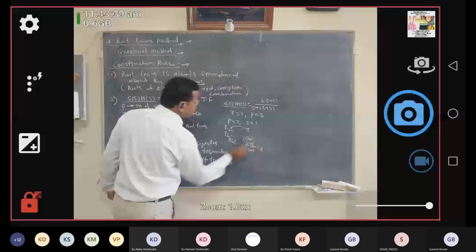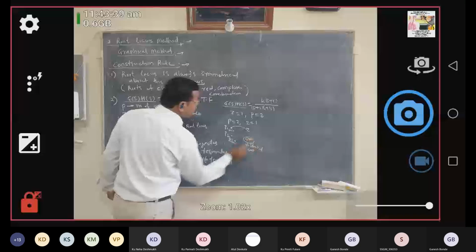So P minus Z branches are always terminating at infinity. Therefore, write down: the number of branches terminating at infinity is given by P minus Z. Okay, so this is all about the first case, when P is greater than Z.